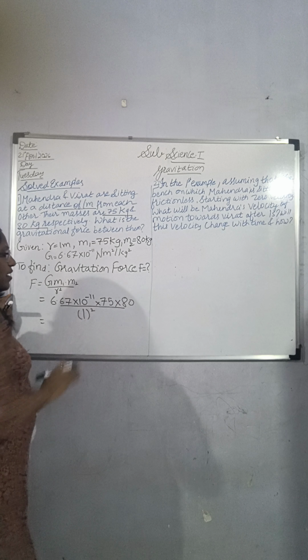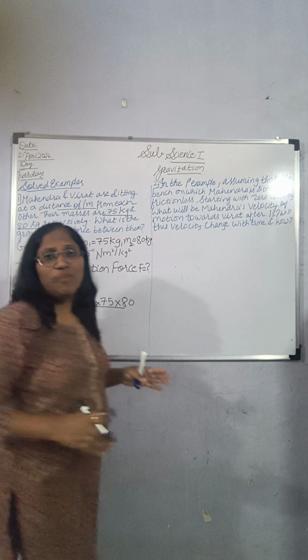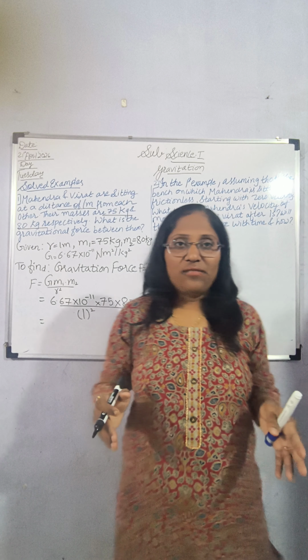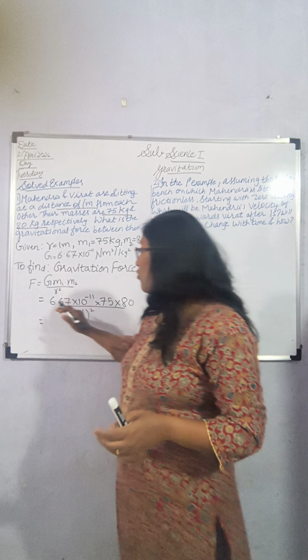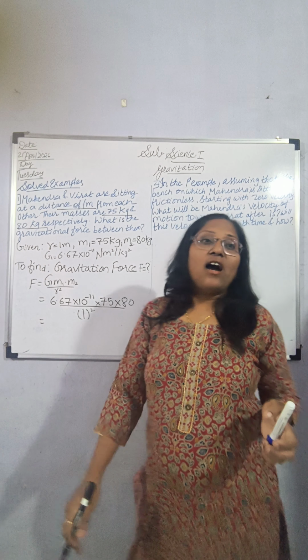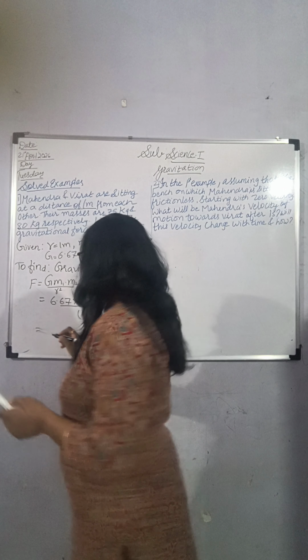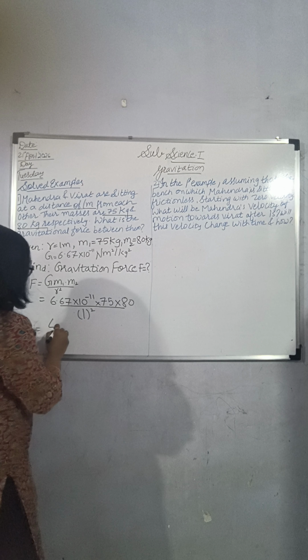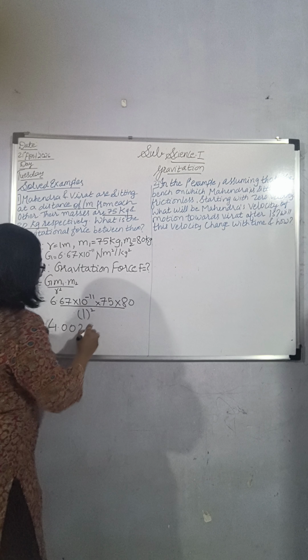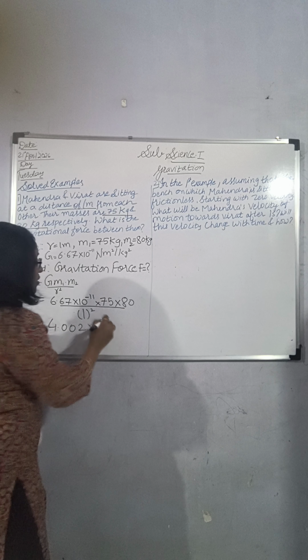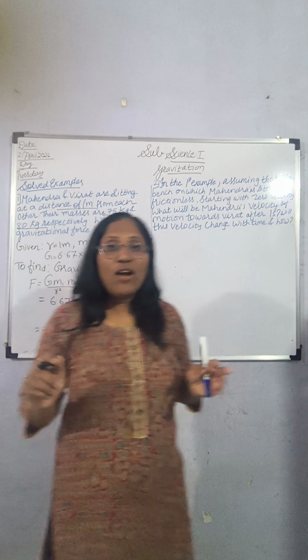You just multiply. If you multiply all these things, the answer you will get is 4.002 into 10 raised to minus 11. So I wrote the answer.